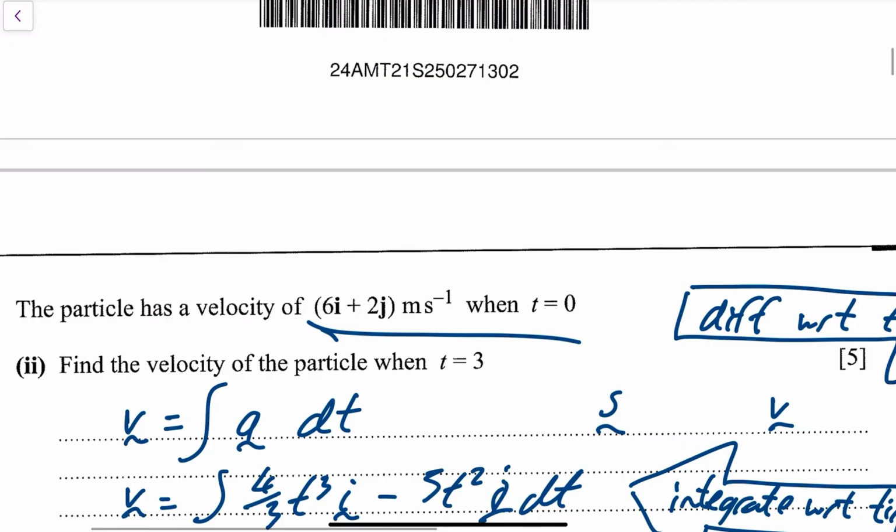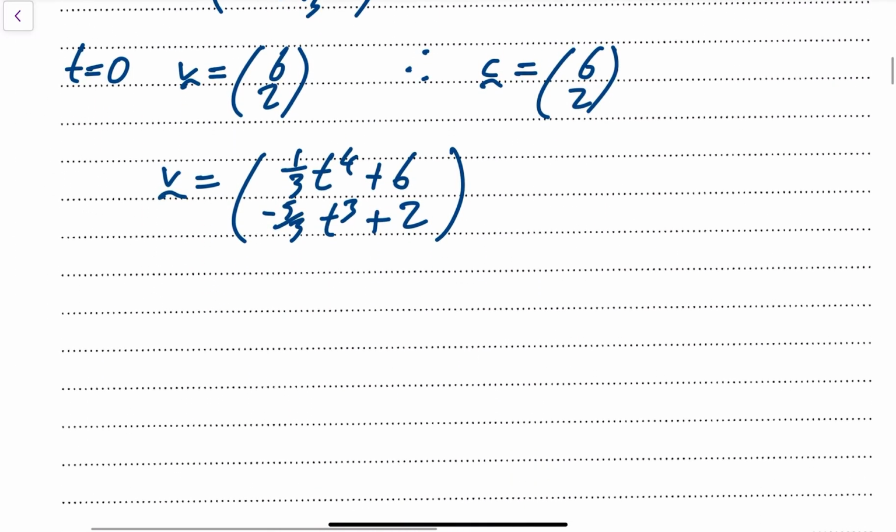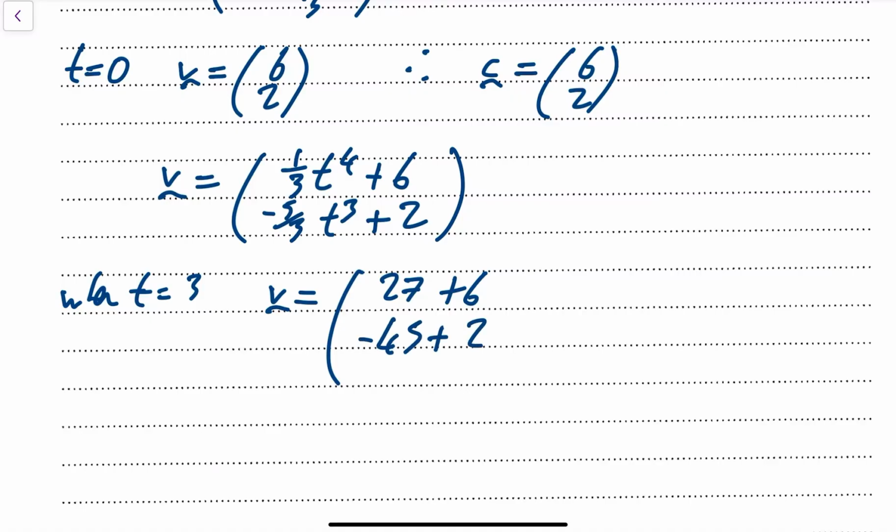Question asks me to find the velocity when t is equal to 3. So just say again, when t is equal to 3, your v is equal to, firing 3 into that, 1/3 times 3 to the power of 4. That's going to work out to be 27, and then plus 6, and then 3 to the power of 3 multiplied by minus 5 over 3, which is minus 5 times 9, which is minus 45, and then plus 2.